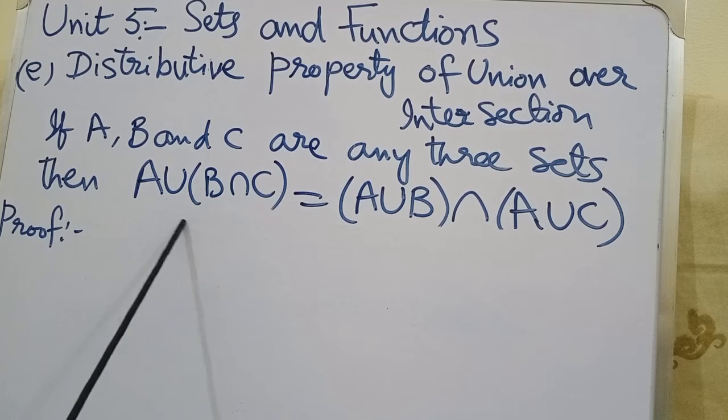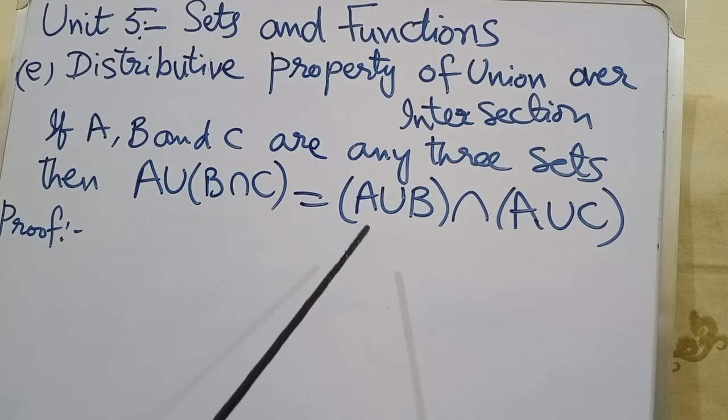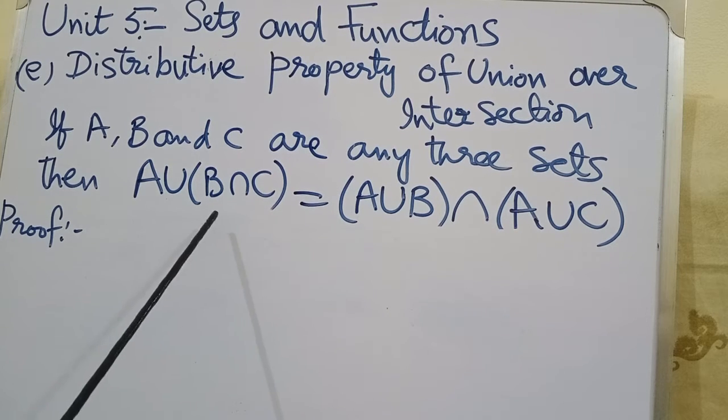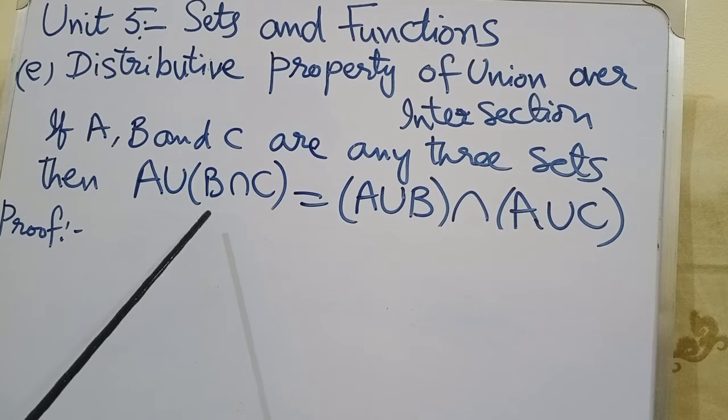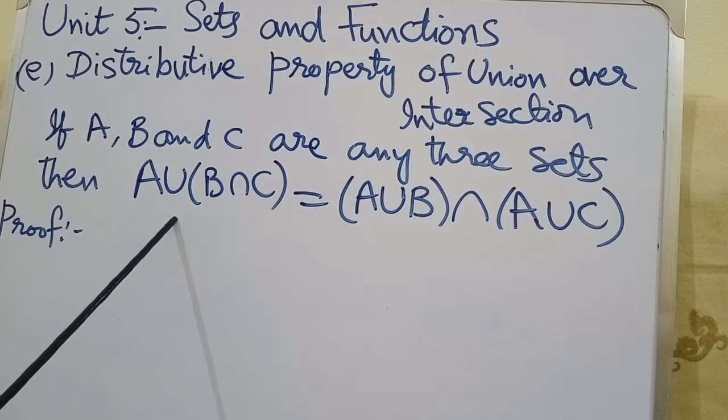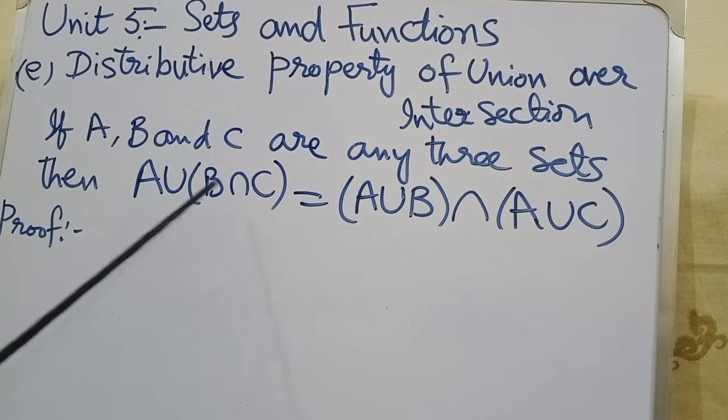To prove left hand side is a subset of right hand side, this means that we have to prove that an arbitrary element drawn from left hand side will also be an element of right hand side.